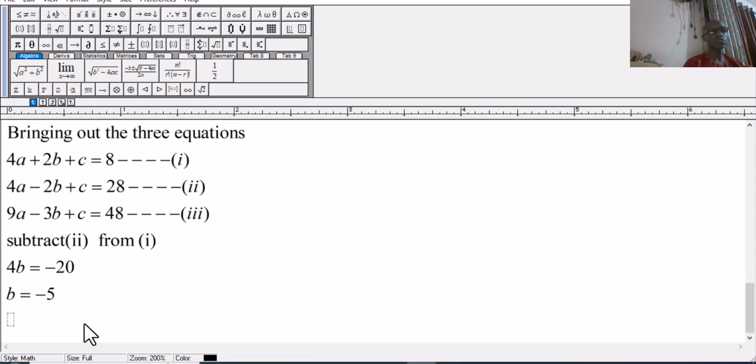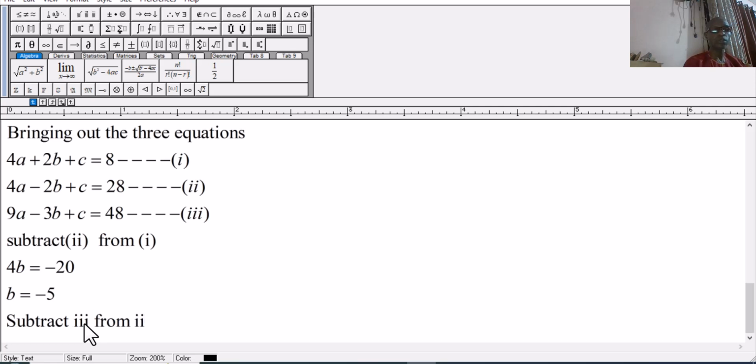So let's also imagine we are subtracting equation 3 from equation 2.